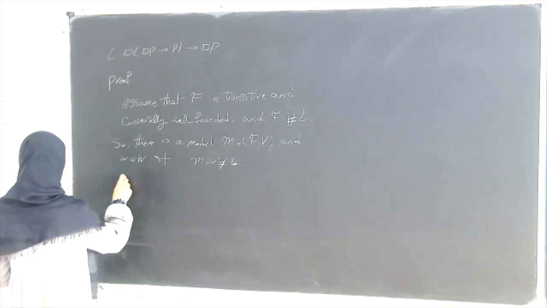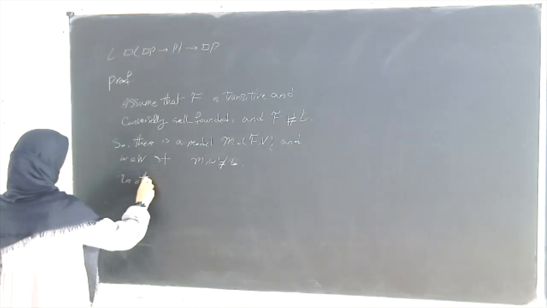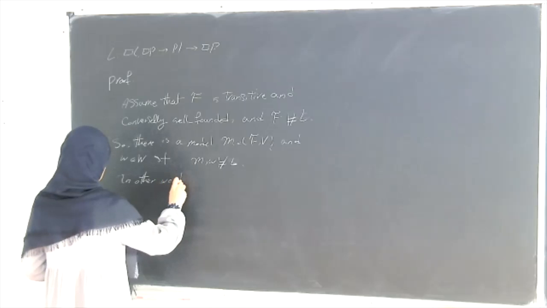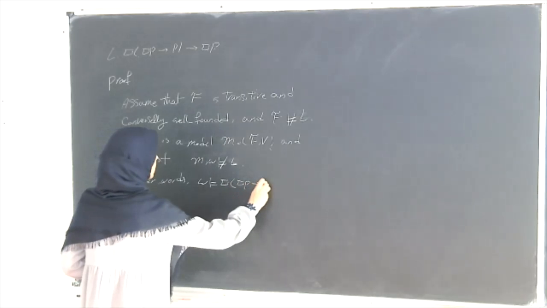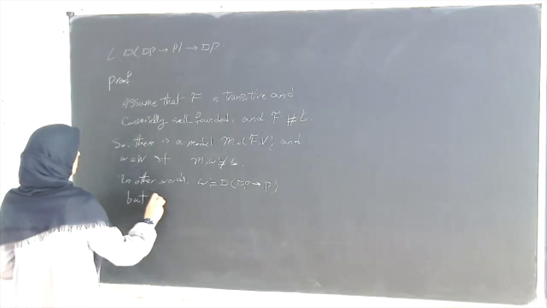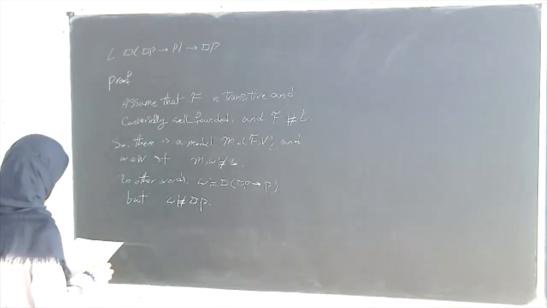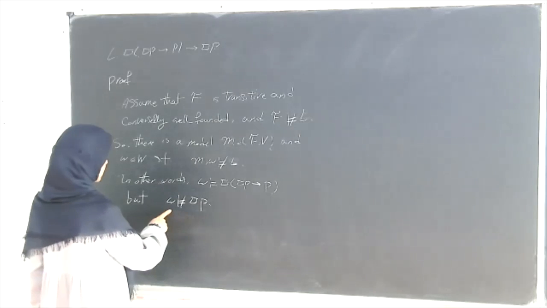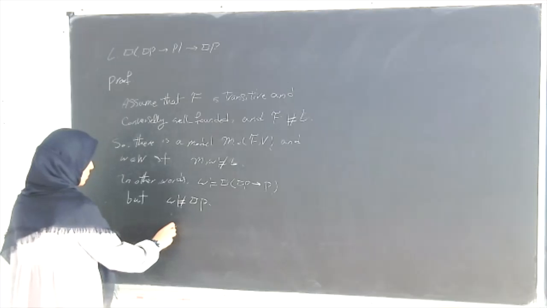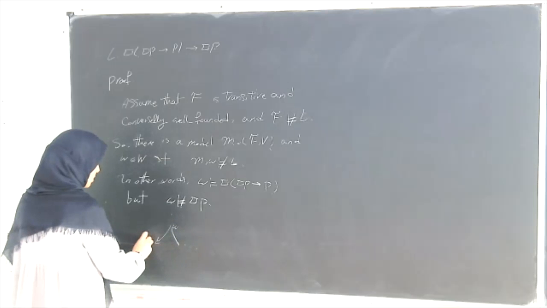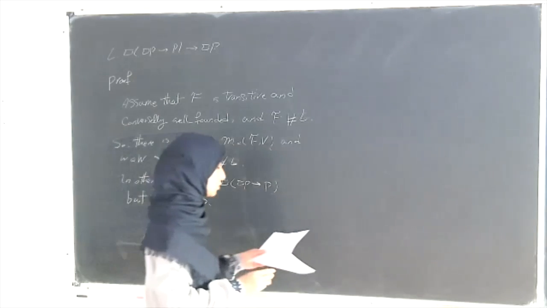So W satisfies box of P then P, but box of P is not true in W. When box of P is not true in W, it means that W has a successor W1 where P is not true. At least in one of its successors, P is not true.